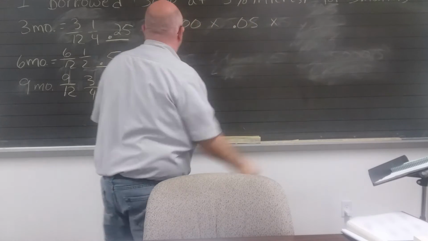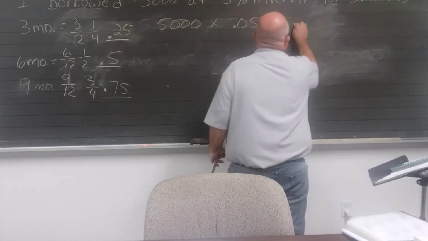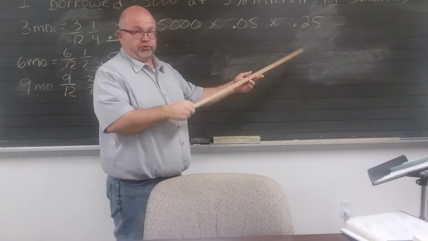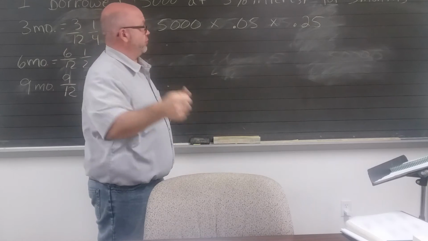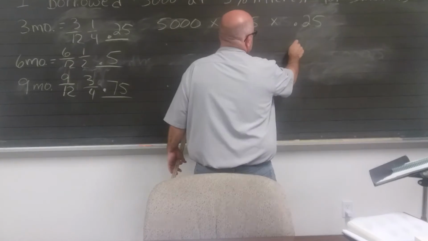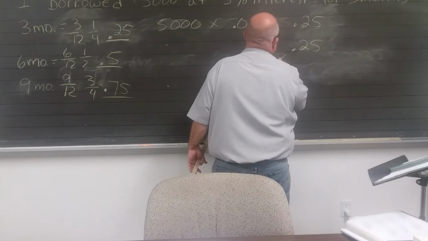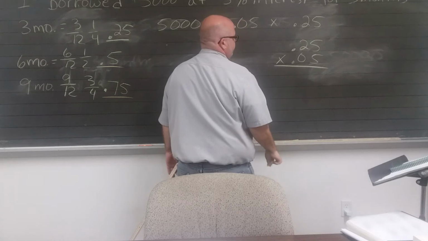And 3 months is the same as 0.25. Do the math carefully. You have 2 decimals here now. Make sure you put decimals at the right place. Do 0.25 times 0.05 and put the decimal at the right place. What's the answer for that?